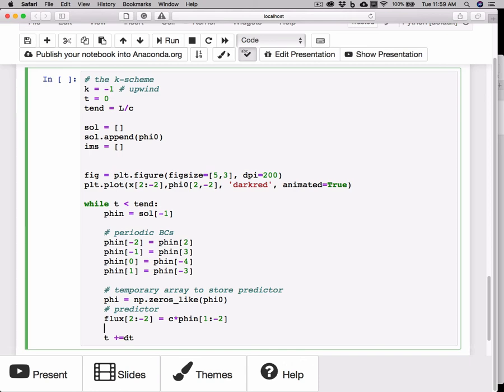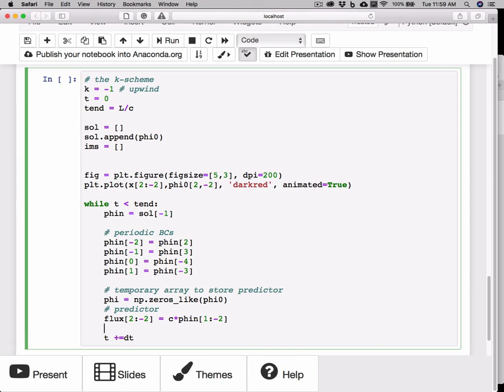So at cell I, phi I n plus half is equal to phi I at n minus delta t over 2 delta x times flux east minus flux west.